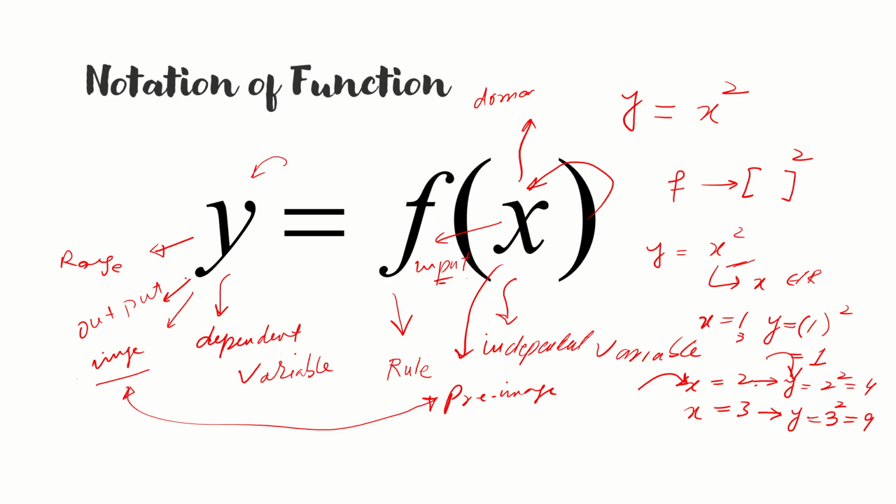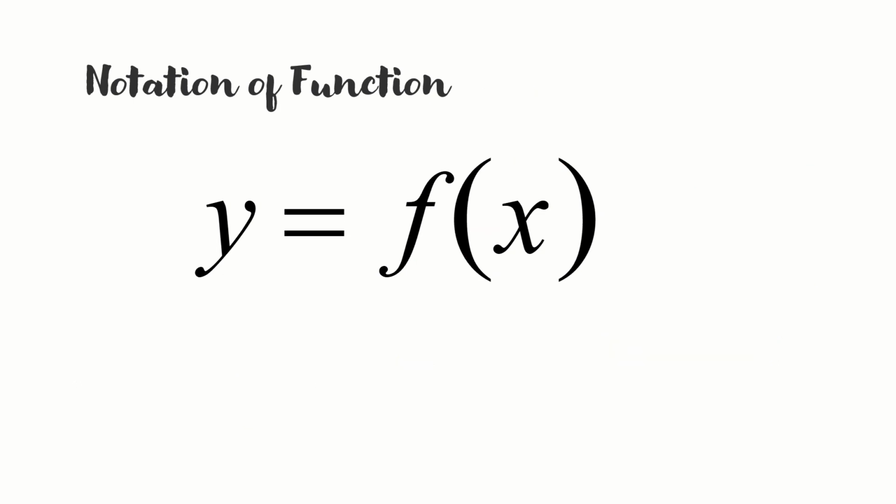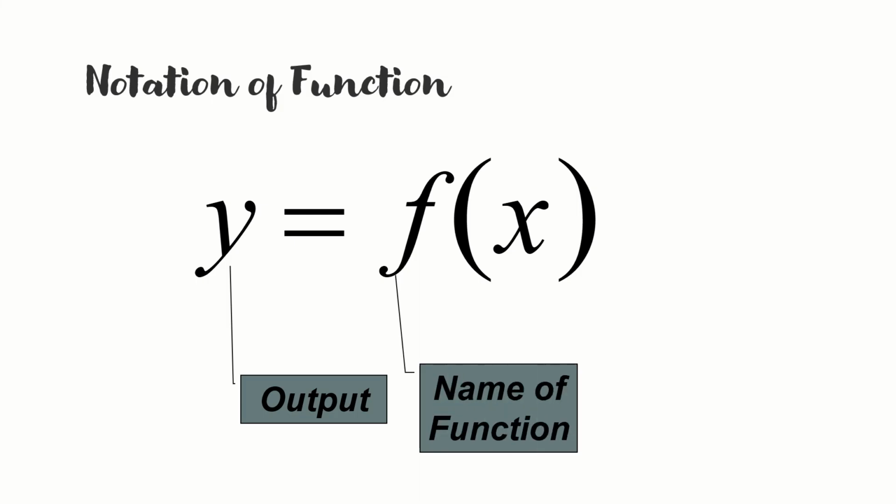When you use image for y, you will use pre-image for x. If you are using output for y, you will use input for x. If you label y as our dependent variable, you will label x as our independent variable. So this is our output, as I explained, this is a function defined, and this will be the input.